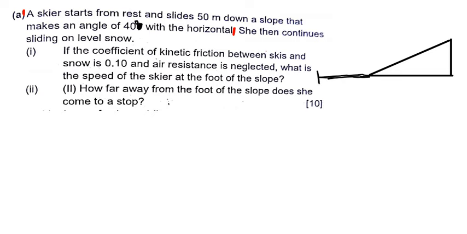So as the skier was coming from this point sliding down, reaching this point, she started with initial velocity 0. So what was the final velocity at this point? That's the question. So we need first to find the acceleration also. You get my point, right?